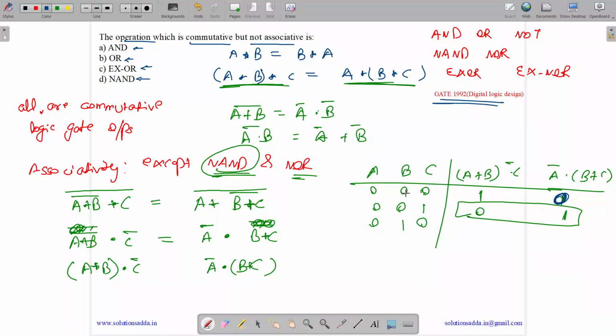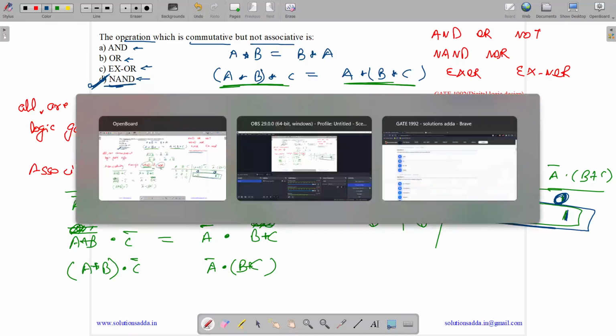And for 001, A plus B is 0, C complement is 0, 0 into 0 is 0. Here we have B plus C as 1, A complement is 1, so this comes out to be 1. So here both are different. So NOR is also not associative, but they are commutative. You can verify it. So the answer is NAND and NOR are not associative.